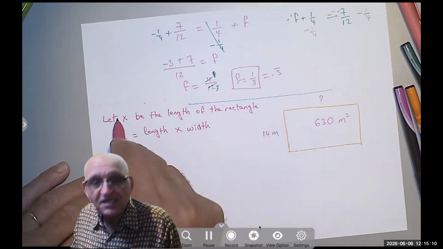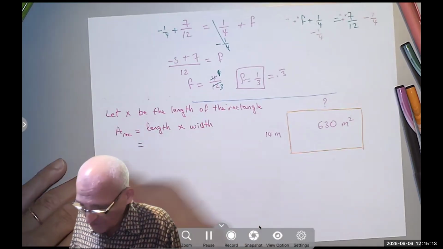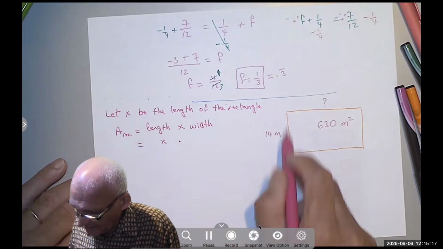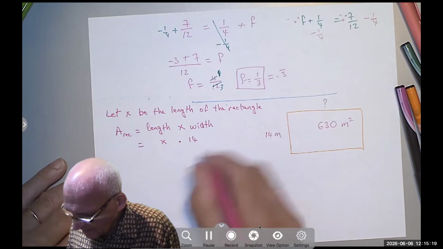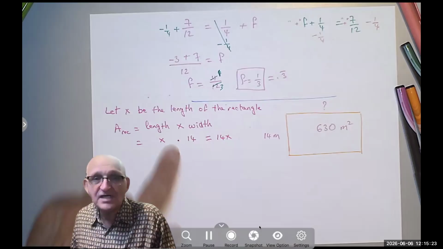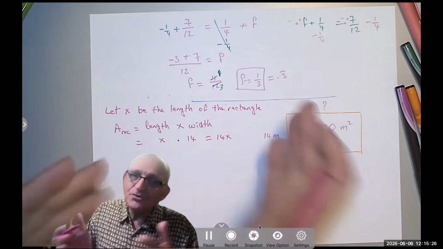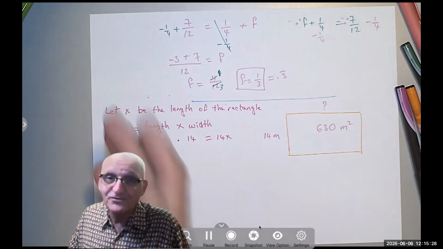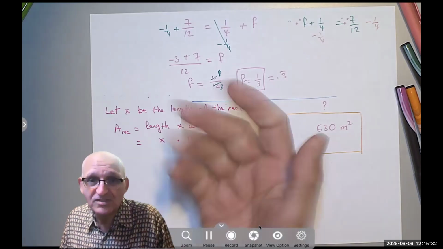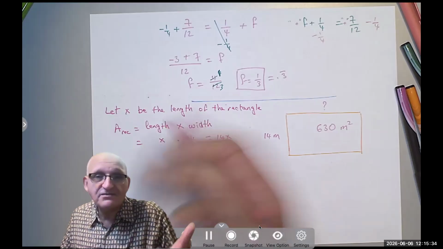The length, I already created a variable for that. So I'm going to say X times, and the width is 14. So I could say equals 14X, right? We don't write the times between them. And we have to write the number before the variable. I cannot say X14 because X14 may be another variable.